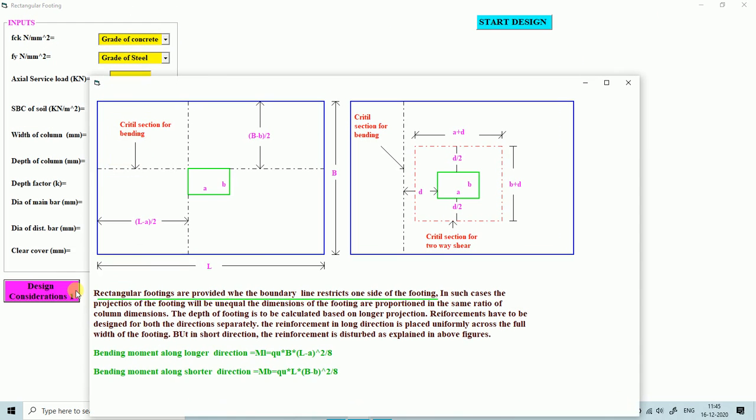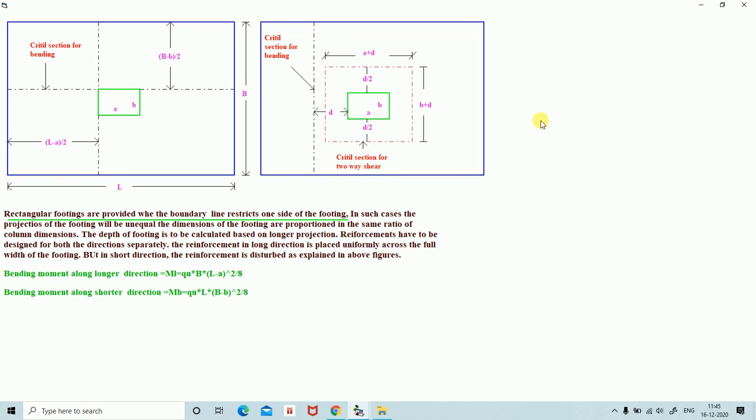You can see here this is one critical section for bending, and this is the critical section for two-way shear and one-way shear, that we can call punching shear. These are the bending moment along the longer direction and bending moment along the shorter direction. Bending moment along longer direction: we multiply qu into the shorter direction, that is the width of the footing, into (L minus a) square by 8, or wL square by 8.